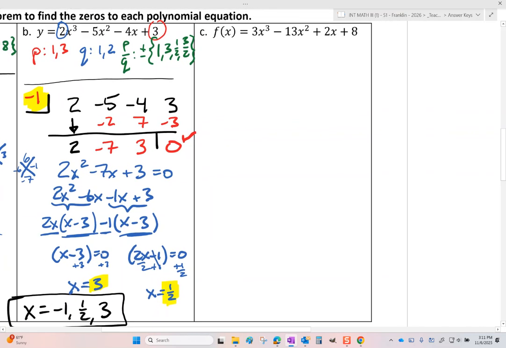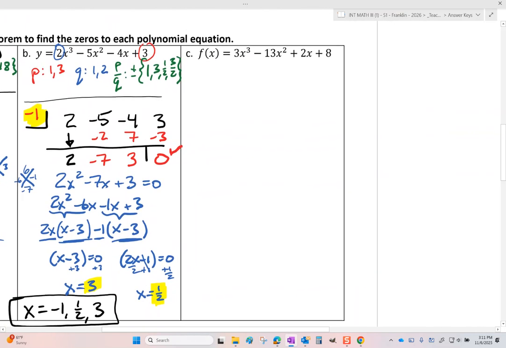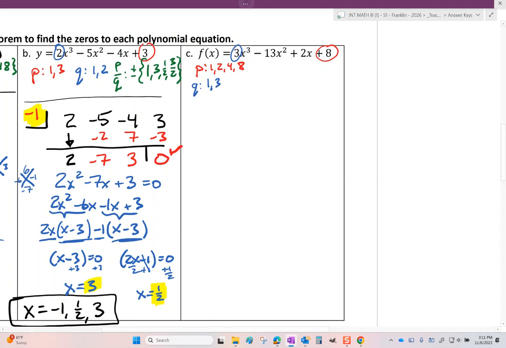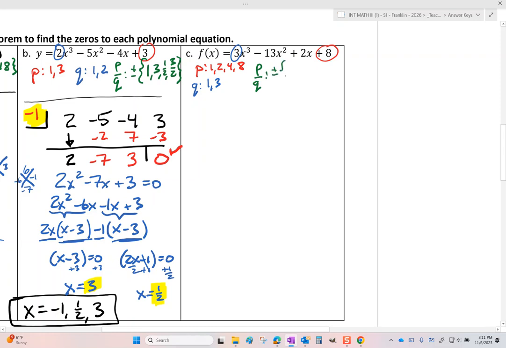Last one here, same process. My p-values are the factors of 8, 1, 2, 4, and 8. My q values are the factors of 3, 1, and 3. So let's generate our p over q possibilities here.